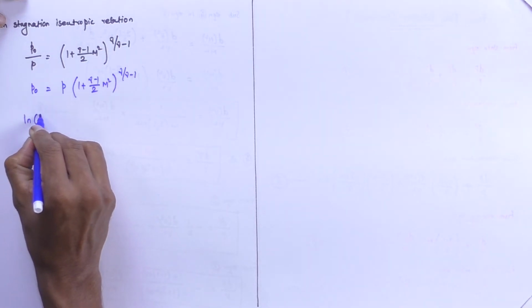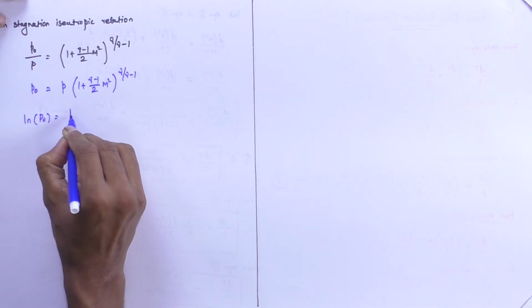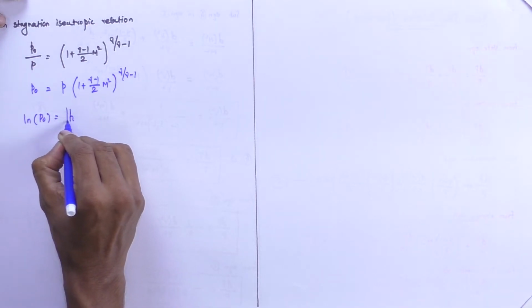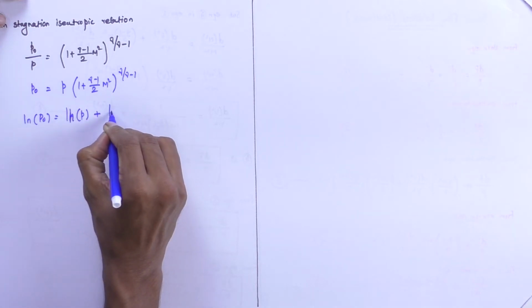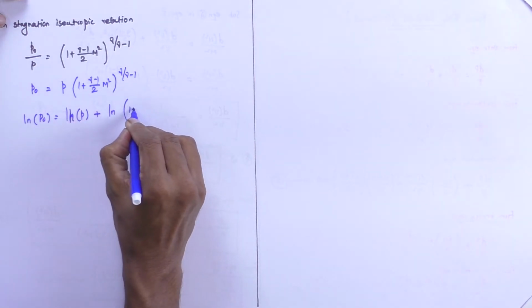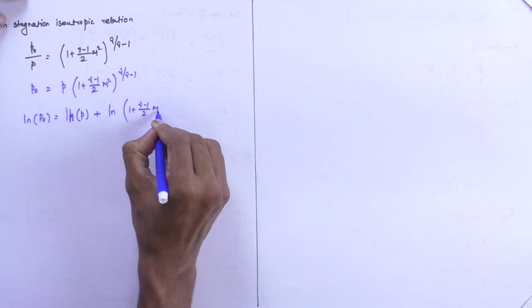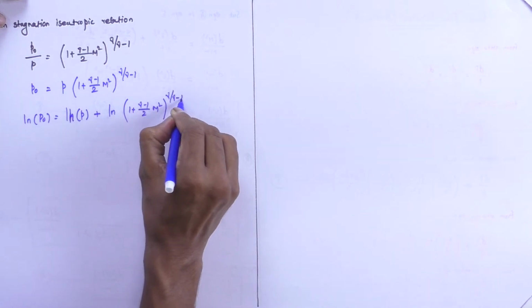So, ln of P naught is equal to ln of P plus ln of this term, (1 plus (gamma minus 1) by 2 M squared) whole power gamma by gamma minus 1.